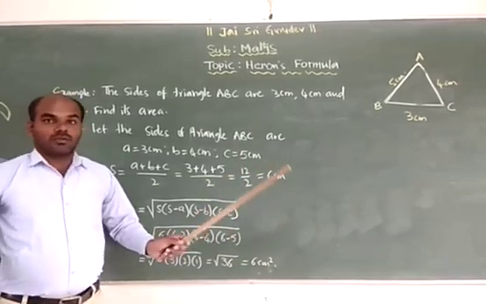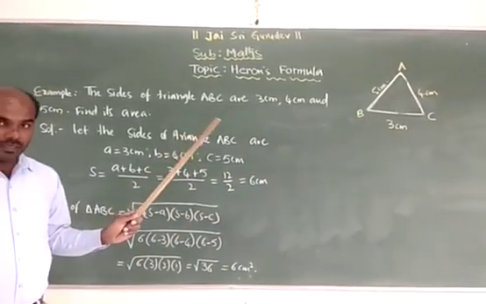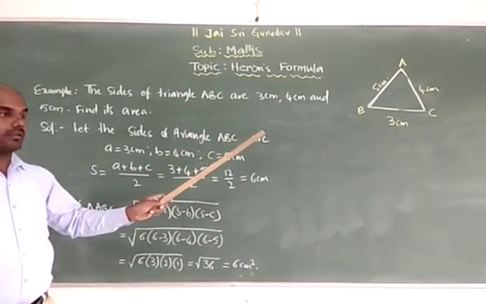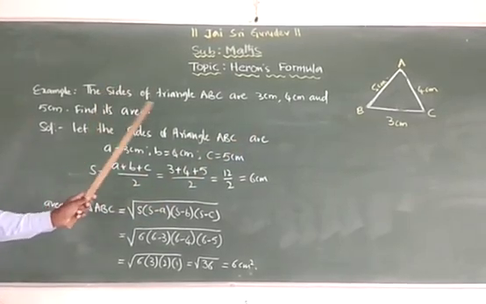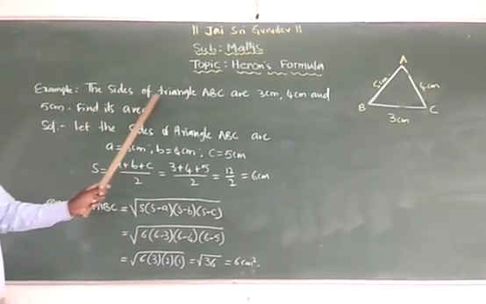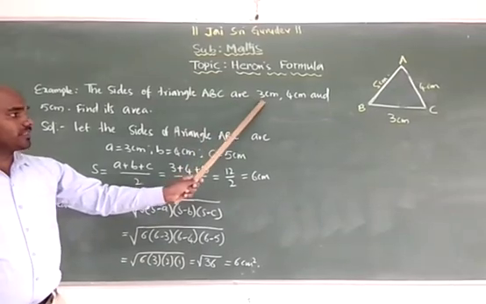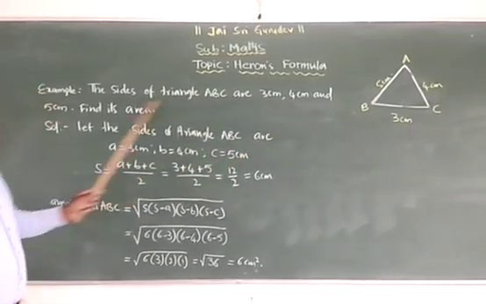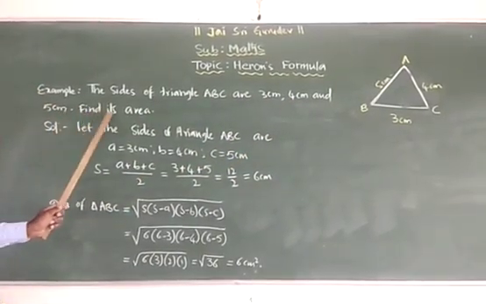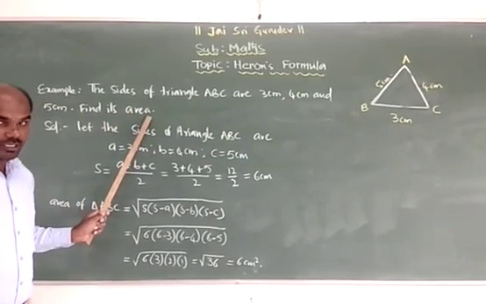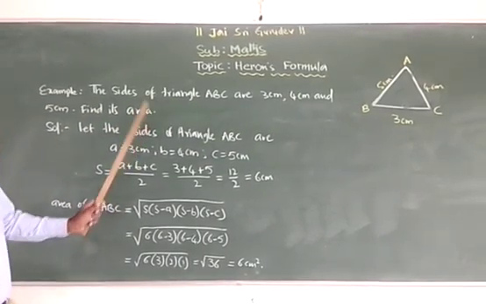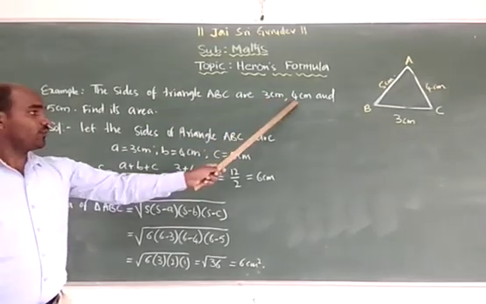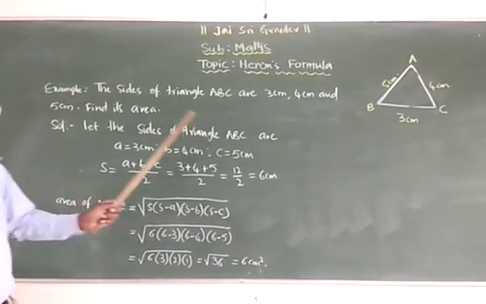Dear students, let us apply Heron's formula for this triangle. In this triangle, the sides of triangle ABC are 3 centimeters, 4 centimeters, and 5 centimeters. Then we have to find its area. Here, 3, 4, 5 are the sides of the triangle.